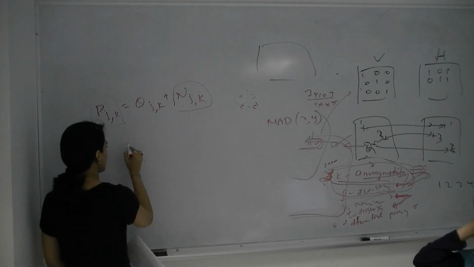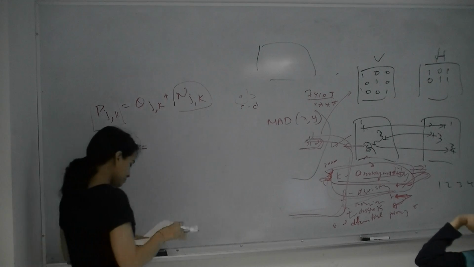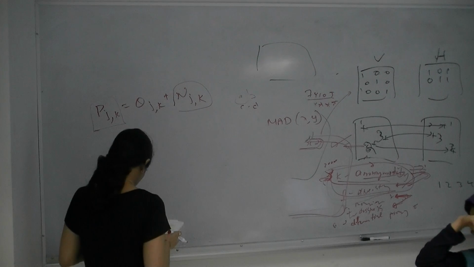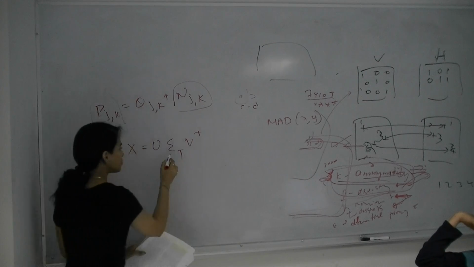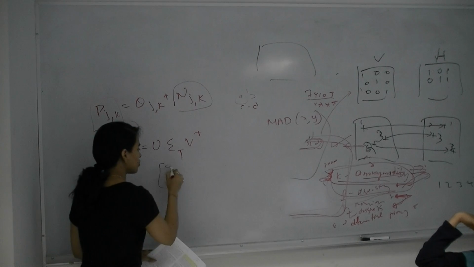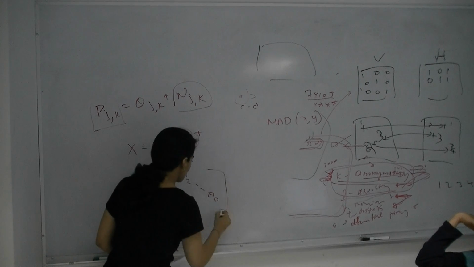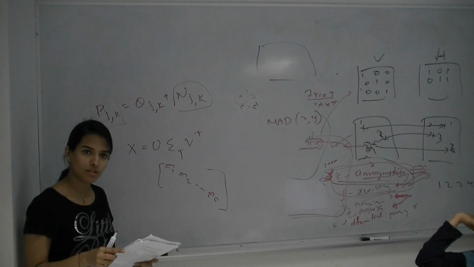Suppose we have a matrix X and we calculate the SVD of that matrix. Sigma contains the singular values. The sum of the singular values will be the nuclear norm of that matrix.